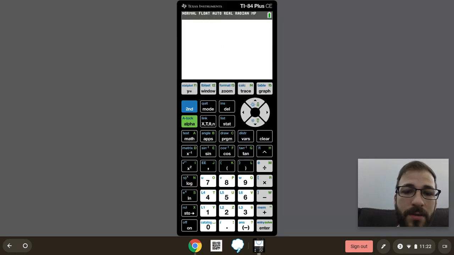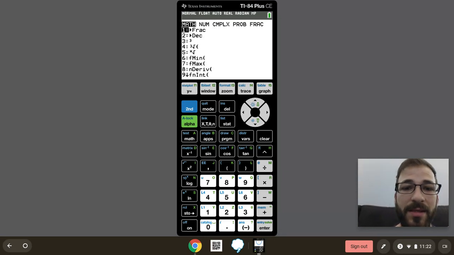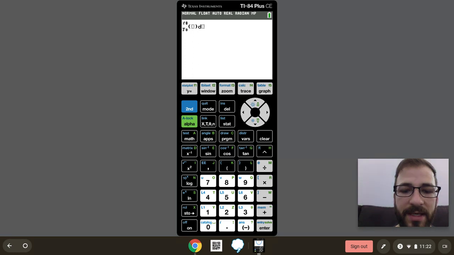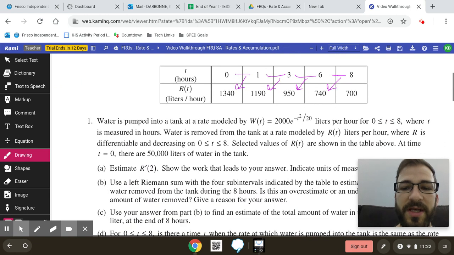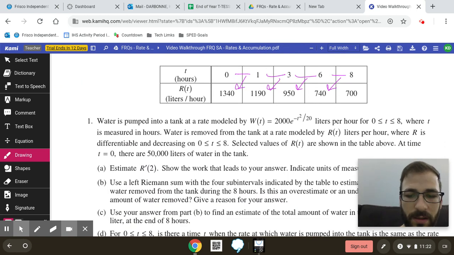So go in here. I hit math, then option 9. So math 9, we're going from 0 to 8. Before that, I can add in my 50,000. So 50,000 plus the integral from 0 to 8 of W of t, which is this big old mess, 2,000 e to the negative t squared over 20.